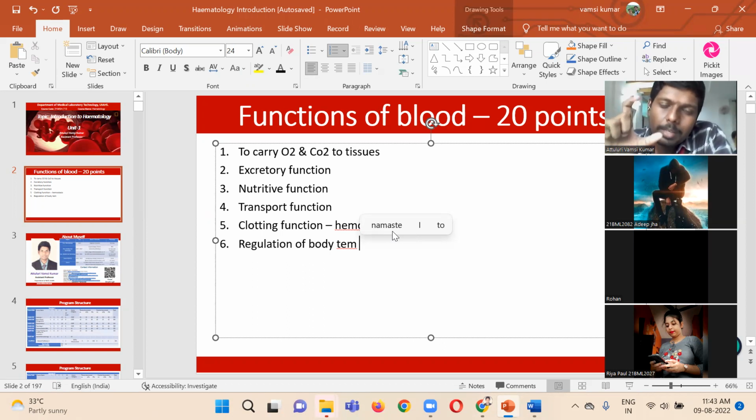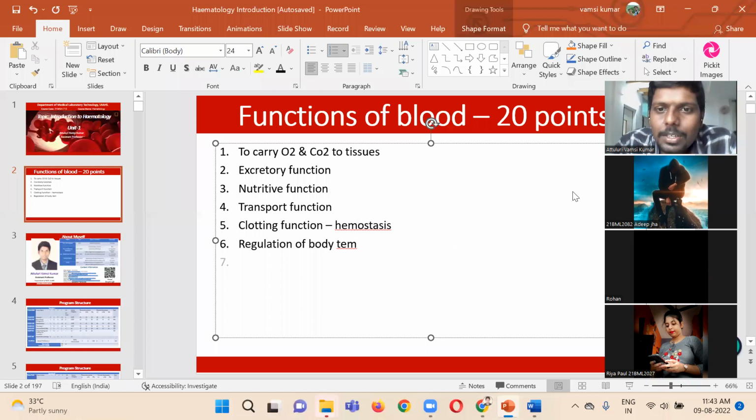So maximum heat will be generated by the liver. Once the blood is flowing through the liver, this blood will acquire the heat and evenly distribute the heat into the body. So body temperature is regulated by the blood. Very good. Excellent answer. Any more functions of blood?